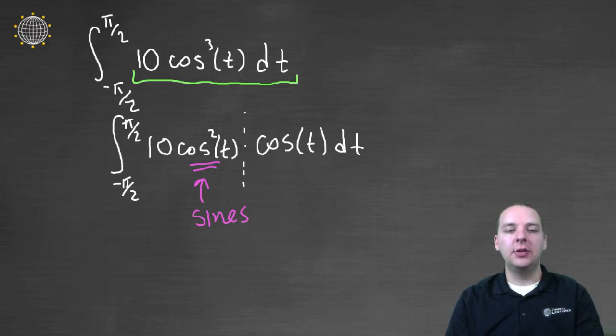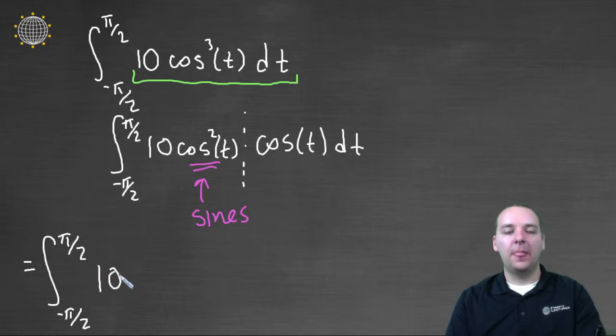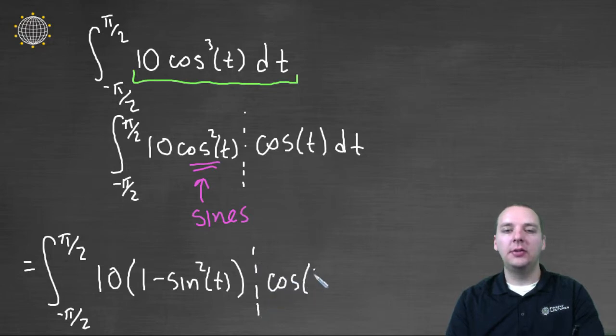All right, so let's do that. So we'd have here the integral from minus pi over 2 to pi over 2 of 10 times the quantity 1 minus sine squared t. And then back here at the end, we would have cosine of t dt, right?